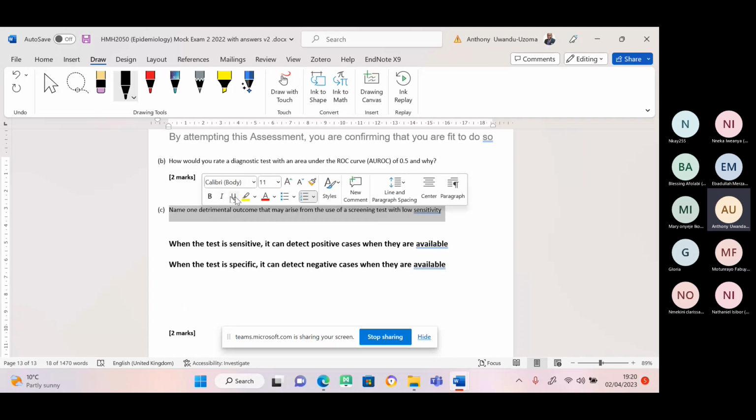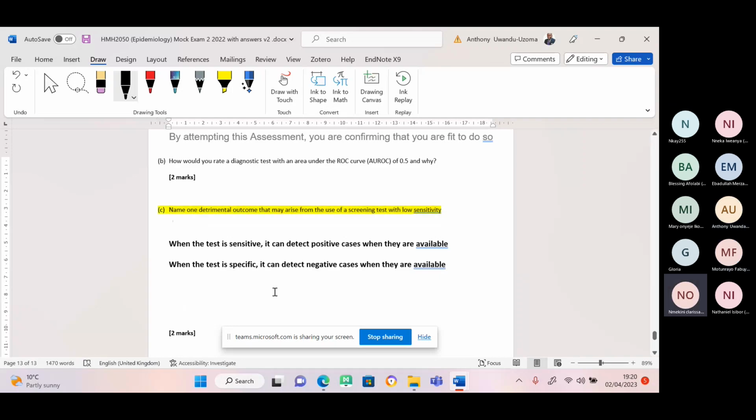Question number C. Answer question number C. Name one detrimental outcome that may arise from the use of screening tests with less sensitivity. You won't be able to detect positive cases properly. Correct.